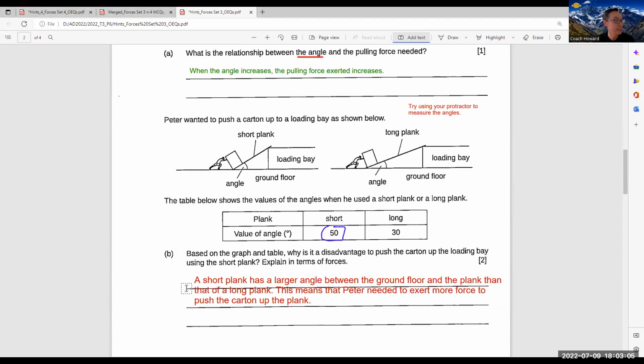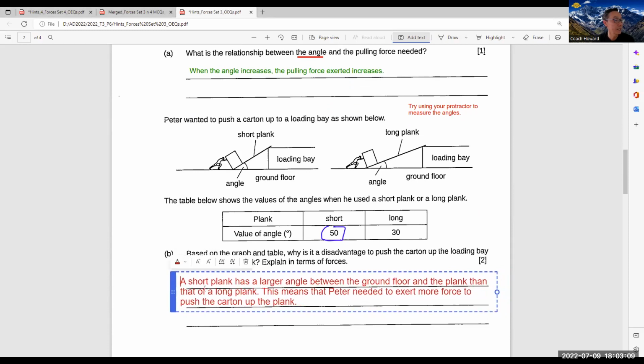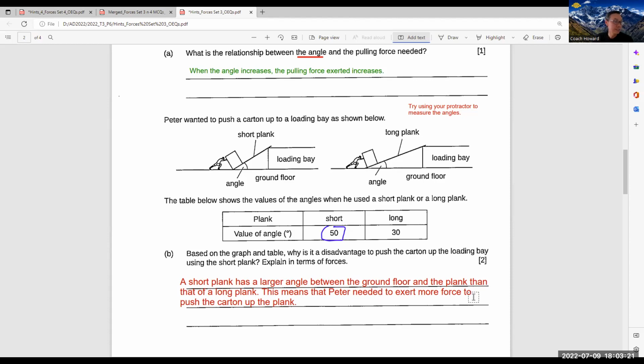A short plank has a larger angle between the ground and the plank than that of a long plank. This means that Peter needed to exert more force to push the carton up the plank. Okay, I will send to you shortly for these answers.